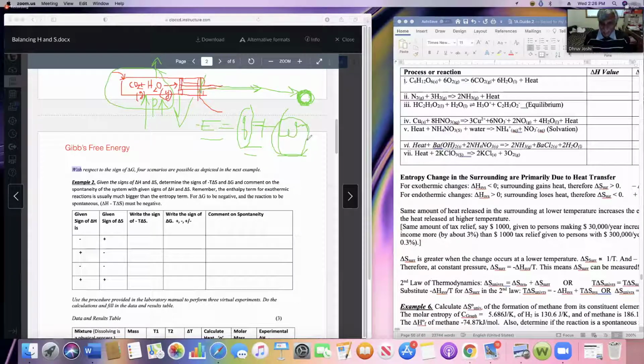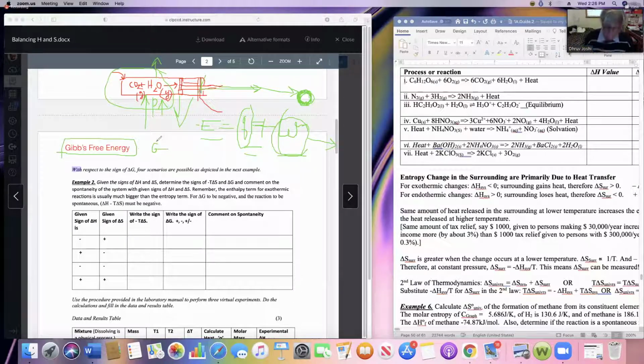And that can be calculated by Gibbs free energy, and its symbol is G. So how much of the energy of the chemical system is going to go into doing the work can be calculated by Gibbs free energy. So that's why Gibbs free energy is important.